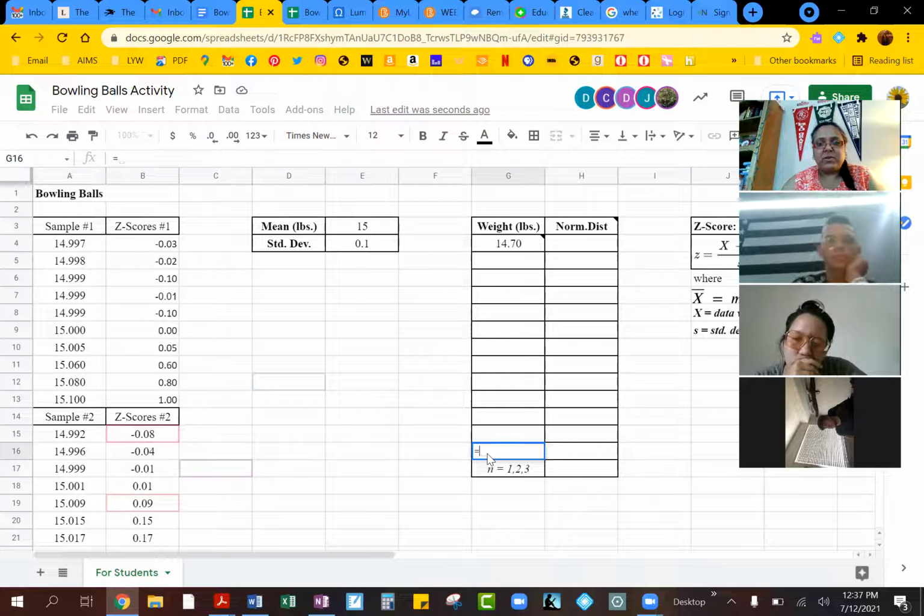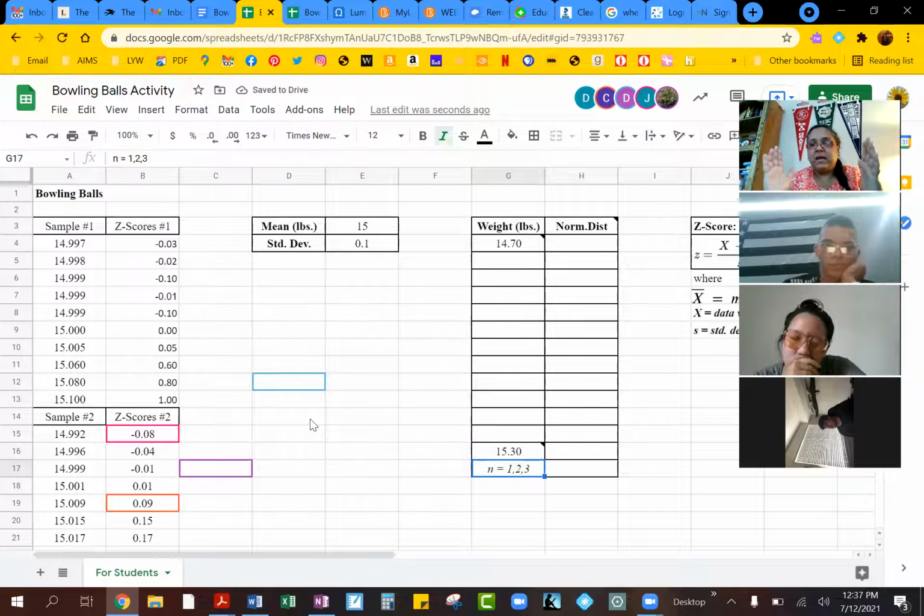So it actually tells you that for us to create the normal curve, this has to be our lowest point and the highest point has to be 15.30.